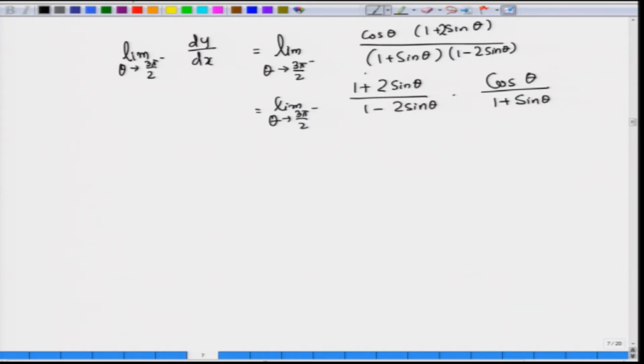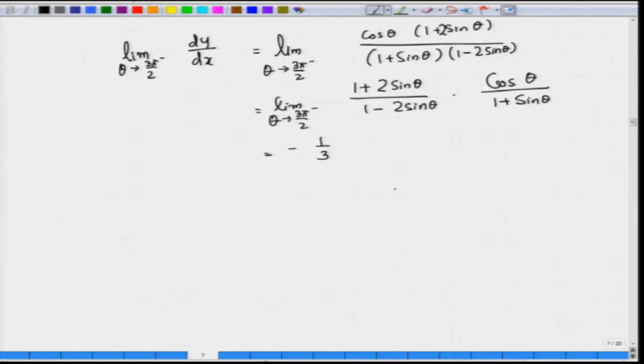The first is not a problematic one, the second is a problematic one. So let us take the first out. What we get is minus 1 by 3, because this is equal to 1, and so what we get is this.